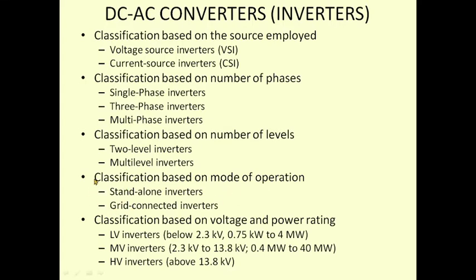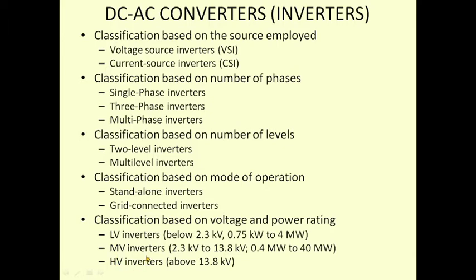Now we can classify inverters by connection. If you are connecting it to a standalone load, for example a machine or a water pumping system, then it is a standalone inverter. If you are connecting it from a generation unit to the grid, then it is a grid connected inverter.